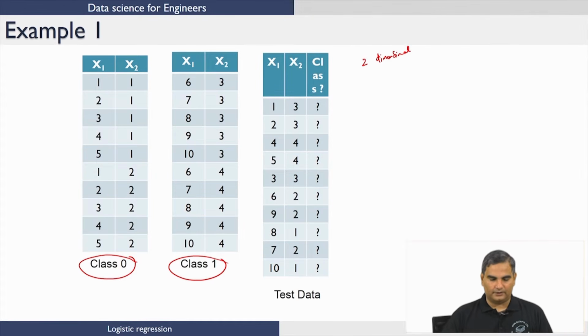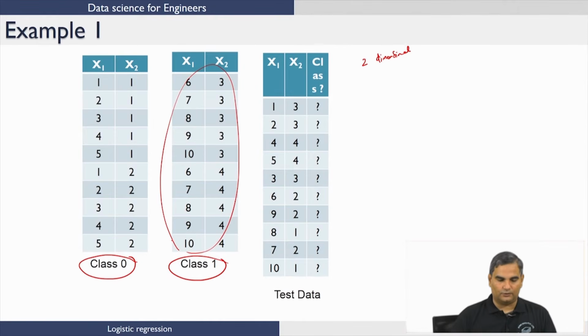A line will separate this, and this kind of classification problem is called a supervised classification problem because all of this data is labeled. I already know that all of this data is coming from class 0 and all of this data is coming from class 1. In other words, I am being supervised in terms of what I should call class 0 and what I should call class 1.